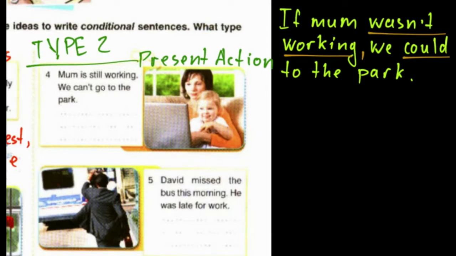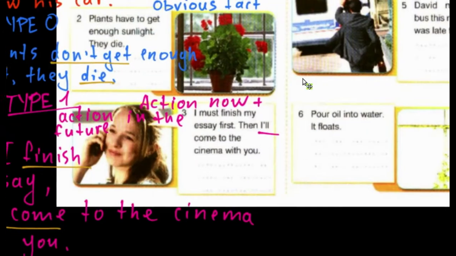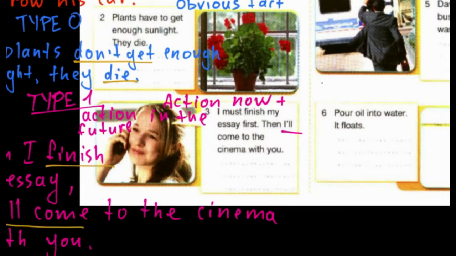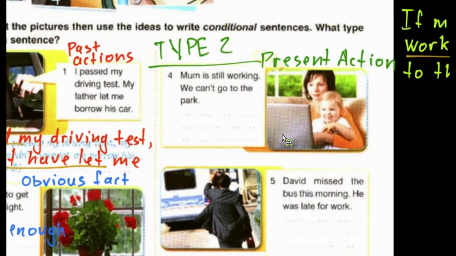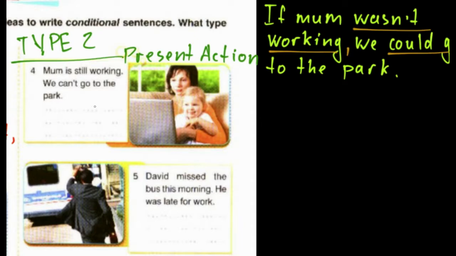On the other hand, we can think about it just like about the situation in number 3. Now she's busy, but in the future she will go to the cinema. So here, it's something like this. Now mom is busy, but in the future, we can go to the park. Of course, it's just my imagination, maybe.